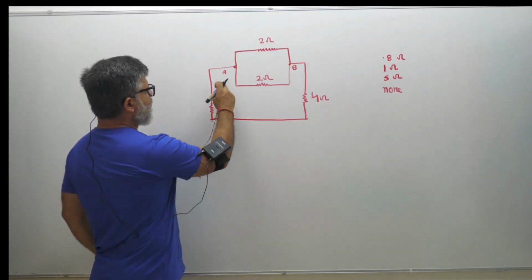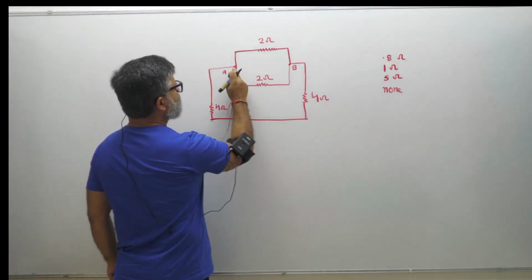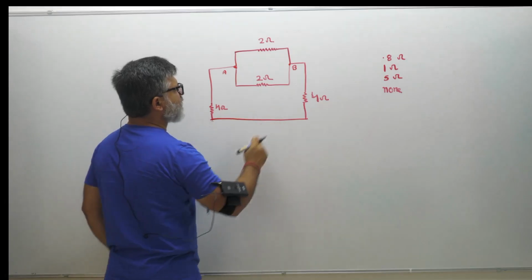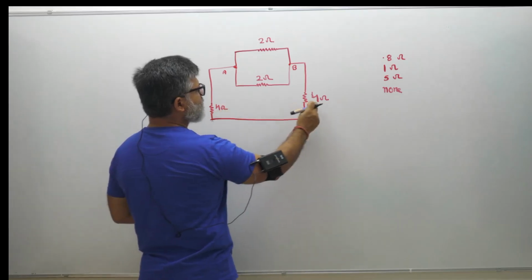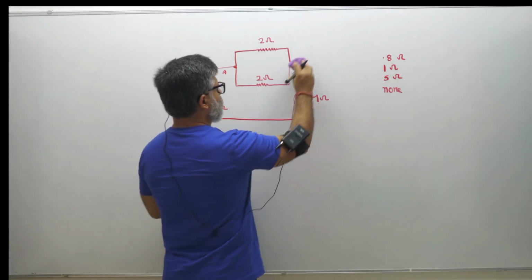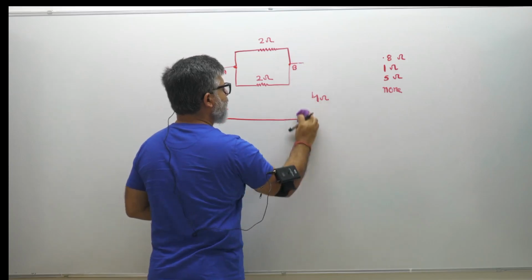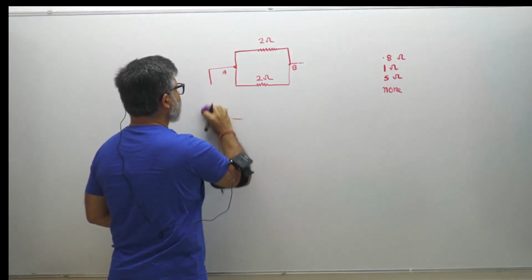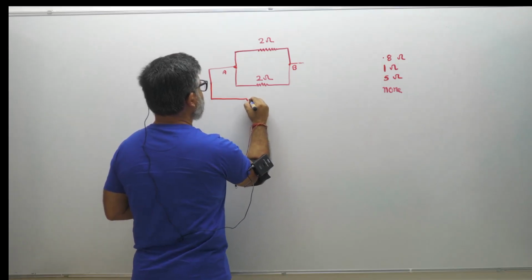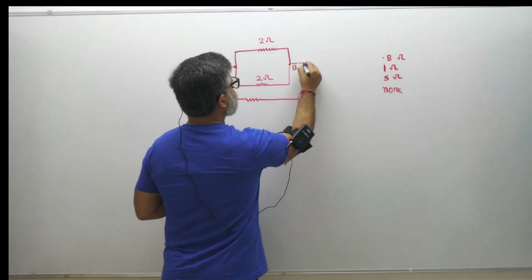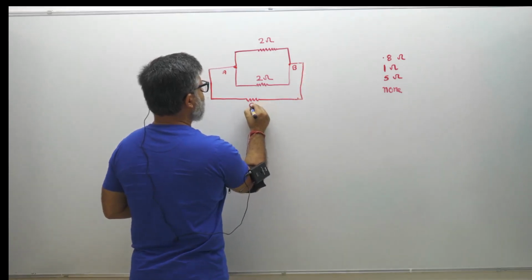You can see 4 ohm and 4 ohm is between A and B, but is outside. So the total is 4 plus 4, 8. Okay, so the total is 8. So I will reduce the circuit further and I will draw an 8 here. So this becomes my 8 ohms.